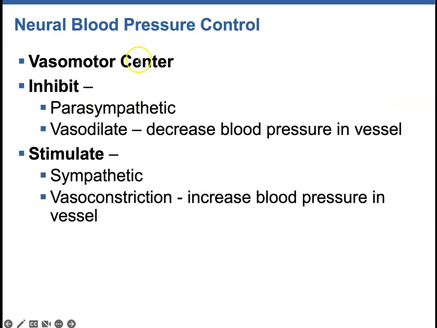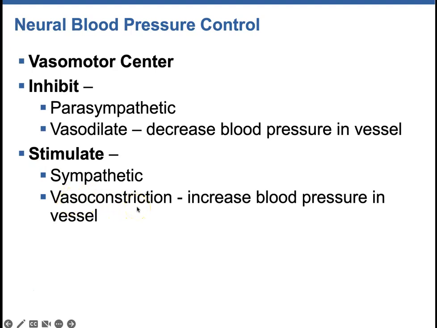So if your vasomotor center is inhibited, what that means is your parasympathetic system is in charge. So you're going to be in more of a vasodilated state, which means the pressure in the vessel is going to be less. If you stimulate the vasomotor center, now you're in a sympathetic state. So now you're going to have more vasoconstriction.